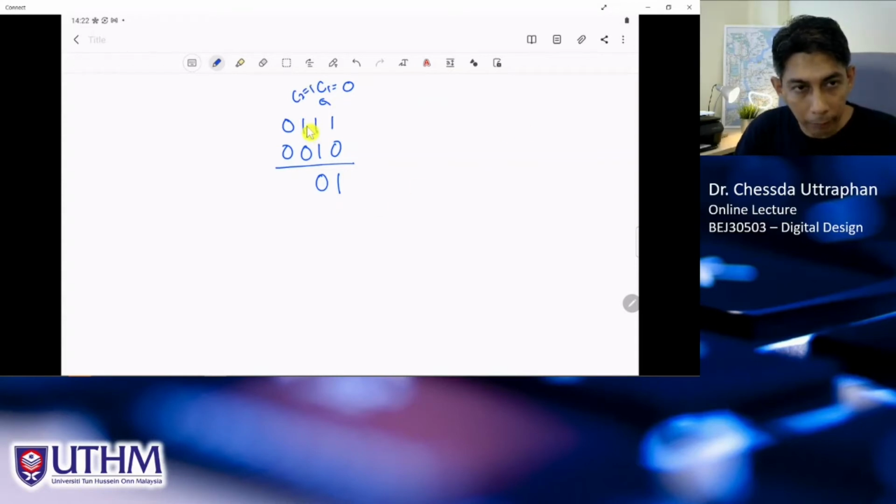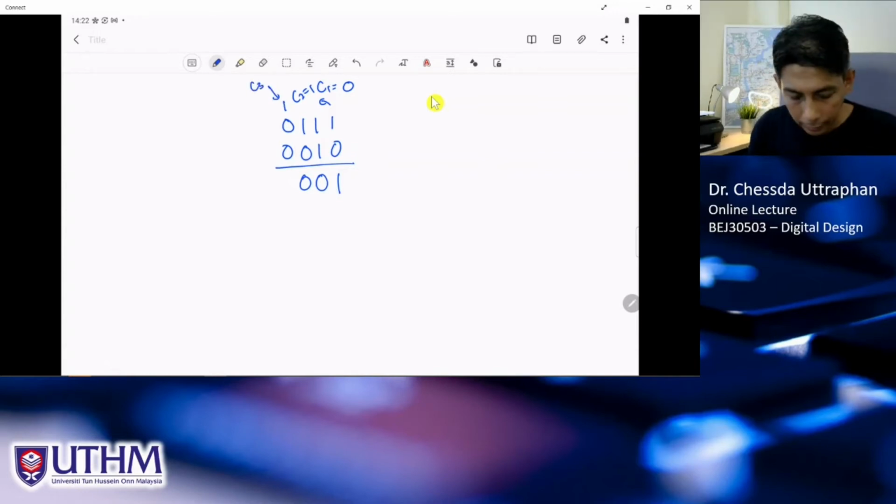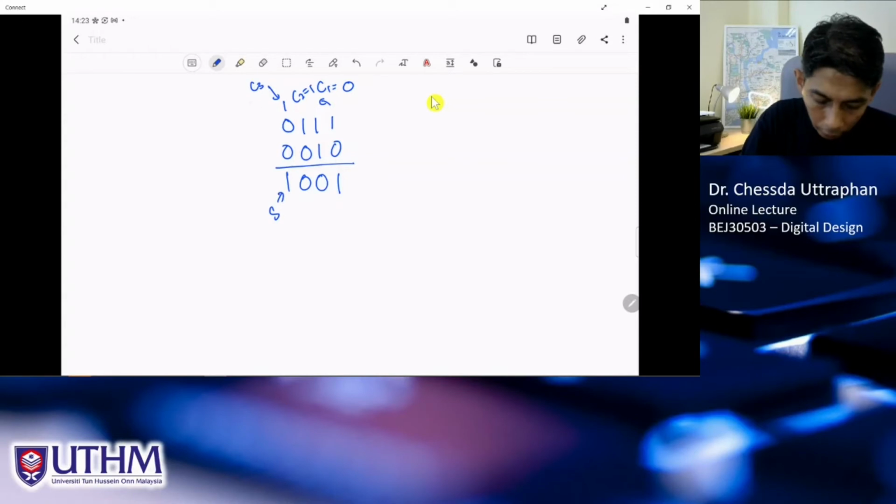And 1 plus 0 plus C, because C2 equal to 1. So we need to plus. So we have 0 and we have 1s here. So this is C3, and we have 1 here. S equal to 1, and of course we have C4 which is equal to 0.